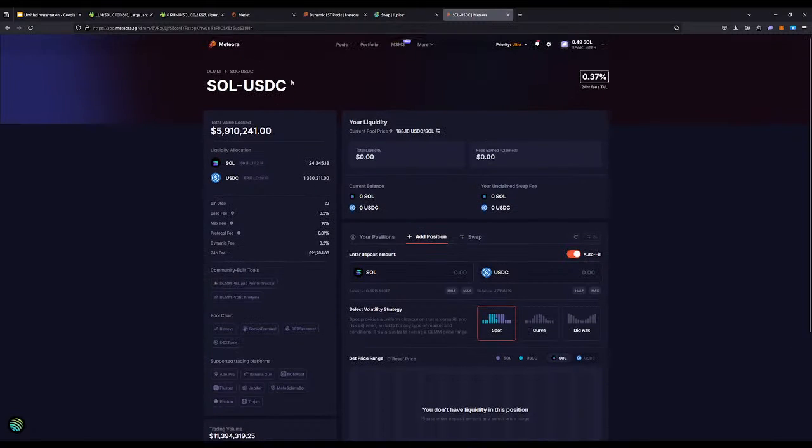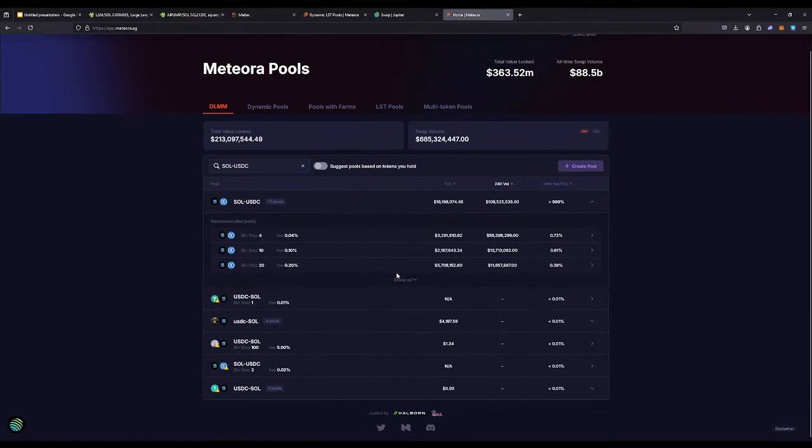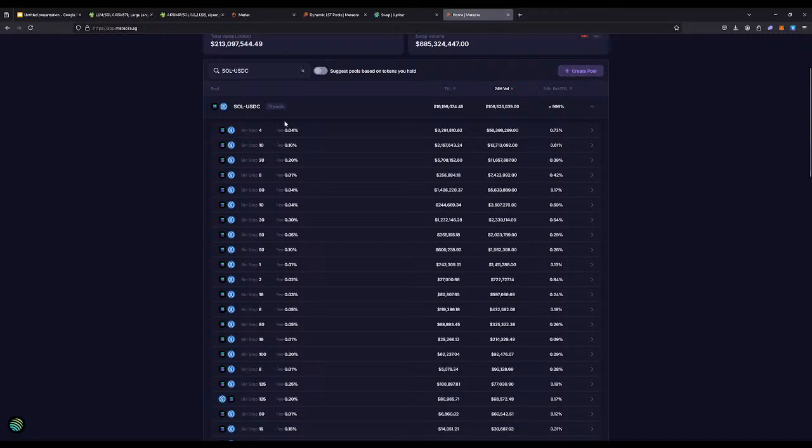Coming back, we'll go back to the 80 bin pool. As you can see, most of the liquidity is provided in these tighter bins, because Solana price does not fluctuate that much.